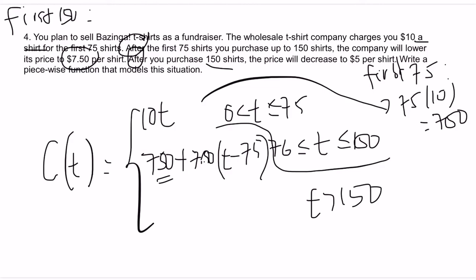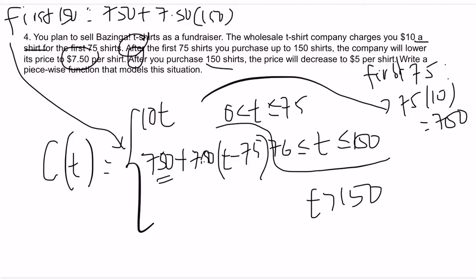We have 750 plus 7.5 times 150 minus 75, which is 75 times 7.5, giving 562.5, so 1312.5.